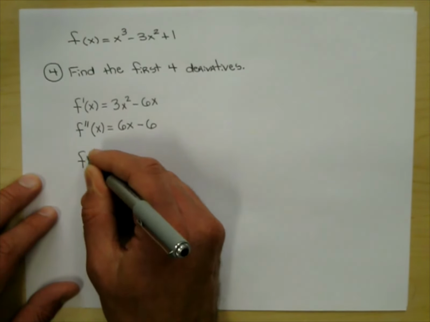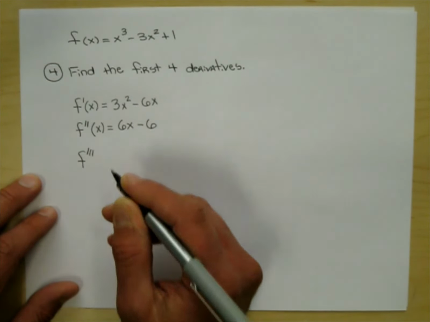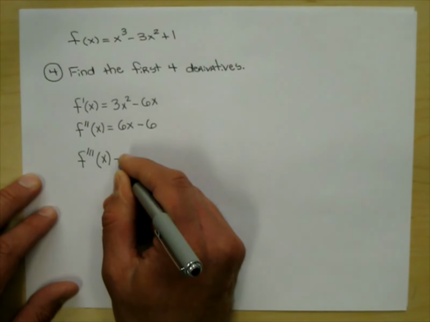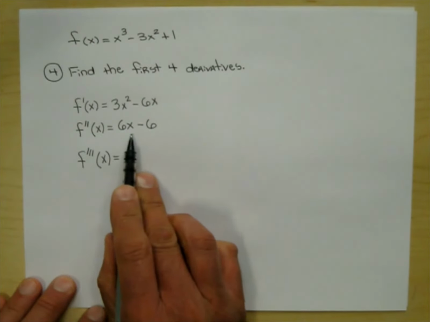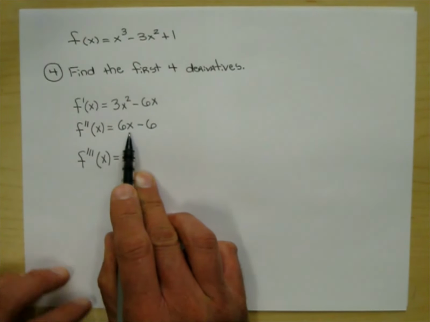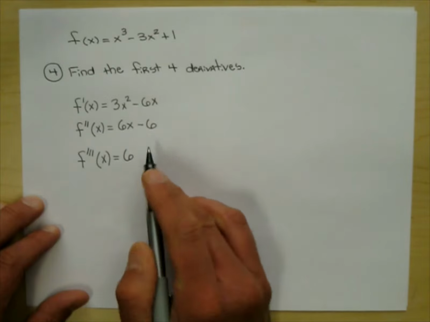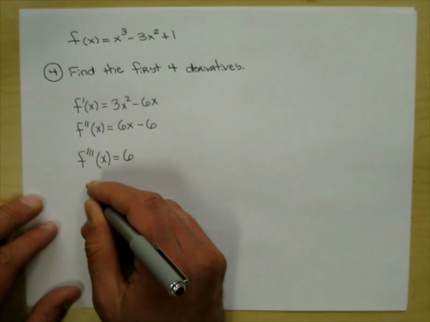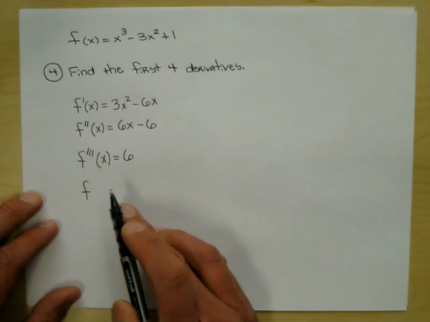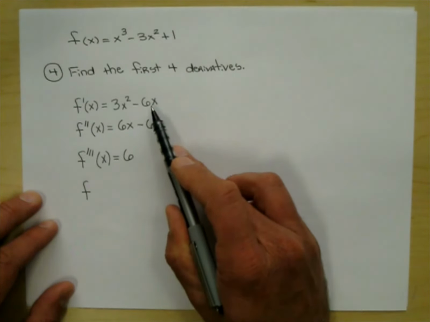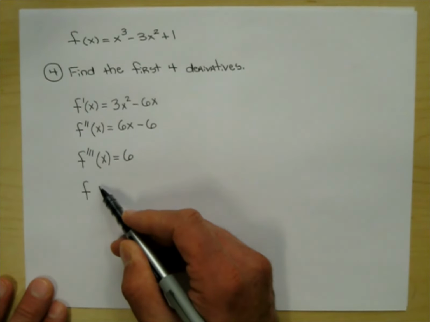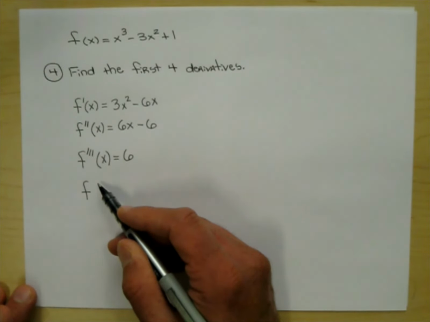So then the third derivative, f triple prime of x. We zap this with the derivative gun. The derivative of 6x is 6 and the derivative of a constant is 0. Now, we're going to go ahead and zap this guy with the derivative gun. Once we get past 3, putting little tick marks up there is hard on the eyes, especially if it's late at night and you're doing your math.